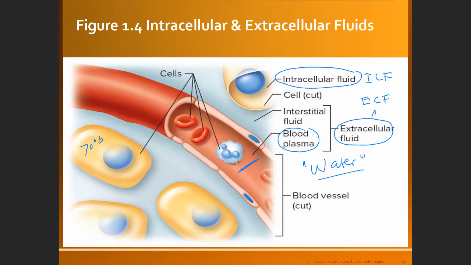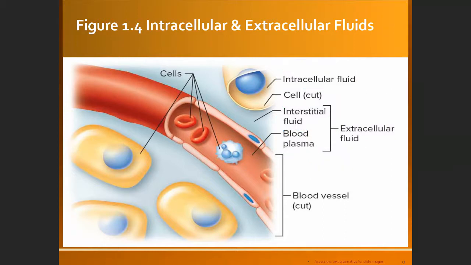If it is just between the cells in the organ, then that fluid is called the interstitial fluid. So ECF, extracellular fluid, can be interstitial fluid or blood plasma if it is in the blood vessel.